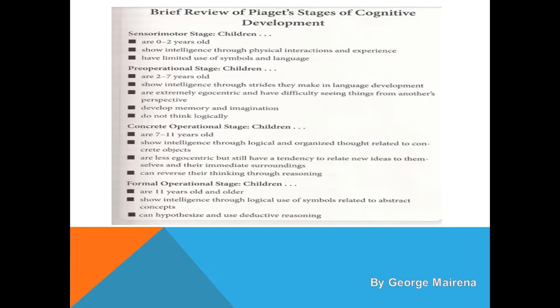The first one is the sensory-motor stage, when the children are from 0 to 2 years old, then the pre-operational stage, concrete operational stage, and formal operational stage. This is like a little review because in the last class we were discussing this. So I would like to listen to you. What do you think about the first one, the sensory-motor stage?